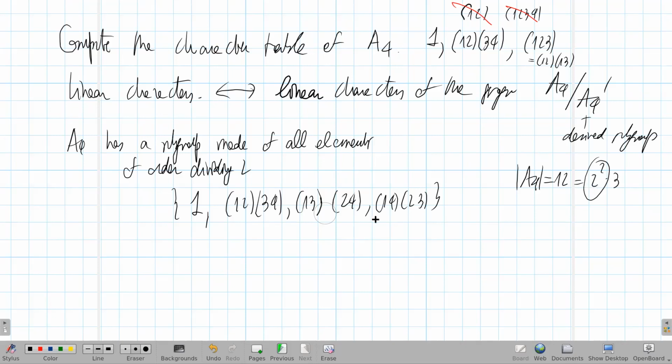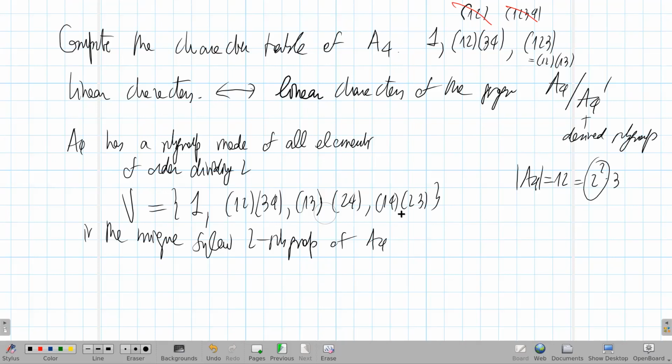So this has to be a subgroup, because it has to be the unique Sylow 2-subgroup of A4. This is usually called V or V4, the Klein four-group, the group of order 4 which is not cyclic.